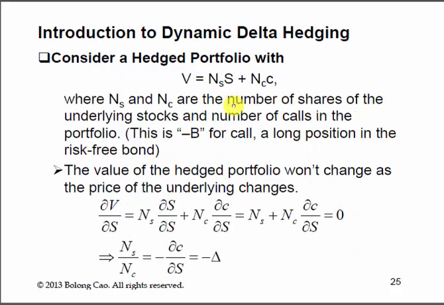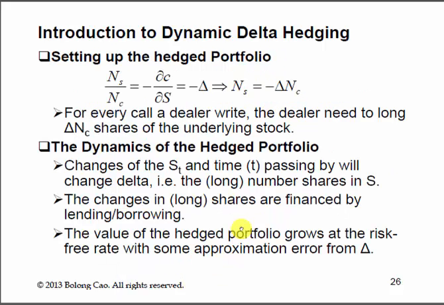Before, I said that the clock is stopped, so you have the hedged value equal to 0 if you only let delta work. But when you start to run the clock, let the time pass by, both these factors will change delta, and the hedged portfolio will grow at the risk-free rate. We will see that later on.